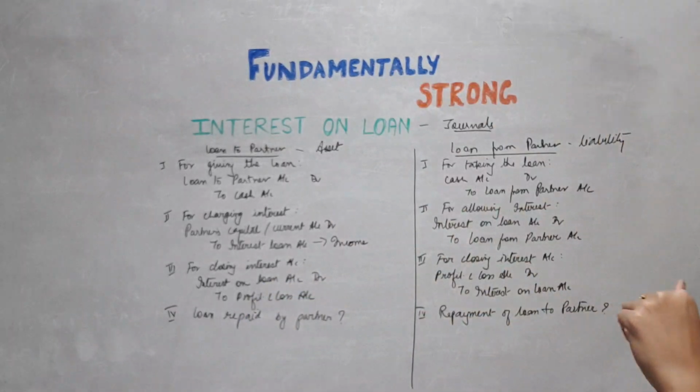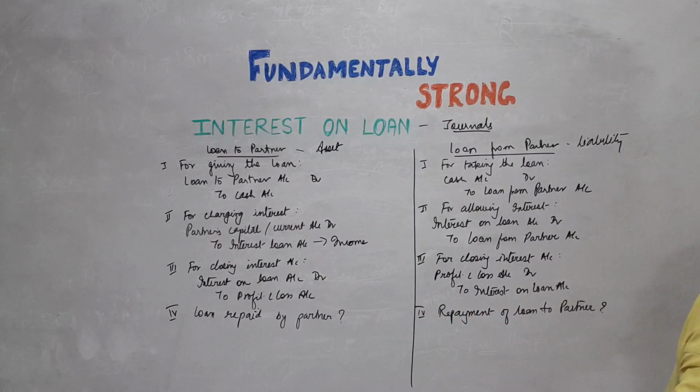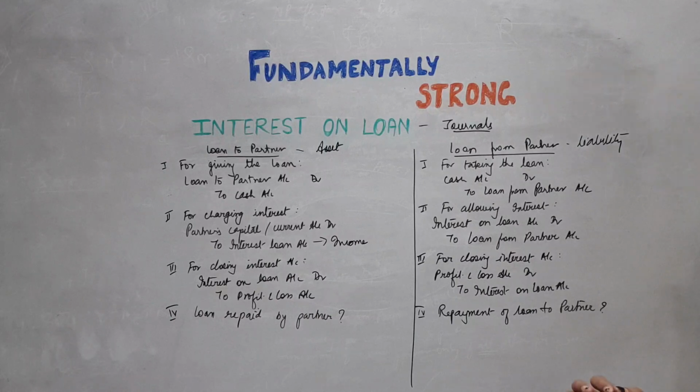Now, to close the interest account: all incomes and expenses are closed at the end of the year by transferring them to the profit and loss account. This is an income, and all incomes are credited to the profit and loss account.